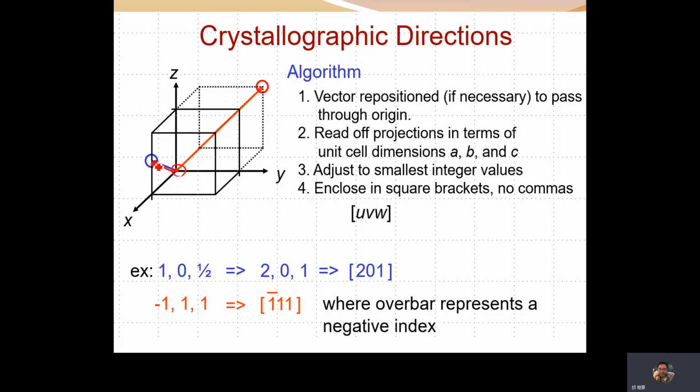For example, its intersection is here, and for z is here. For the cubic system, the x, y, z directions are a, b, c, the lattice parameters.